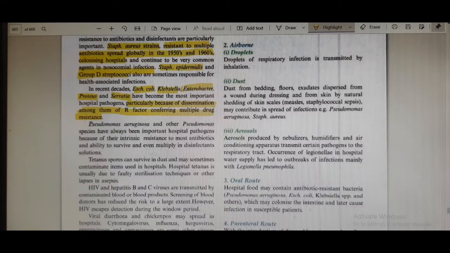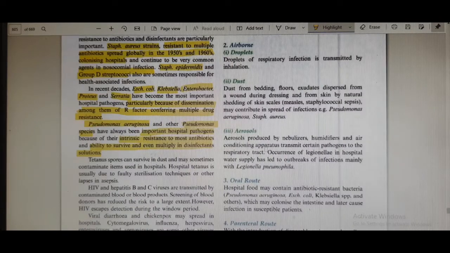Then we have Pseudomonas aeruginosa and other Pseudomonas species that have been important hospital pathogens. They have intrinsic resistance to some antibiotics and have the ability to survive even in disinfection solution. So these Pseudomonas species have developed so much resistance to antibiotics that they can even survive in disinfectant solutions.